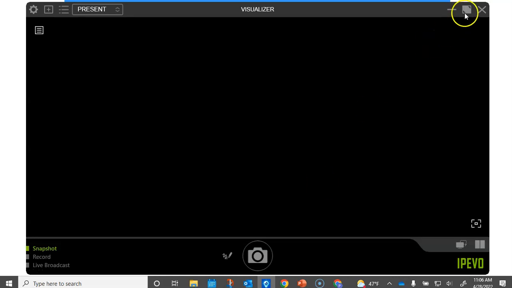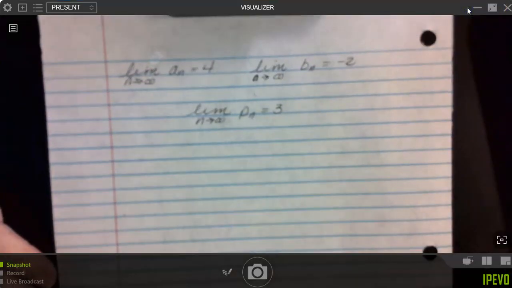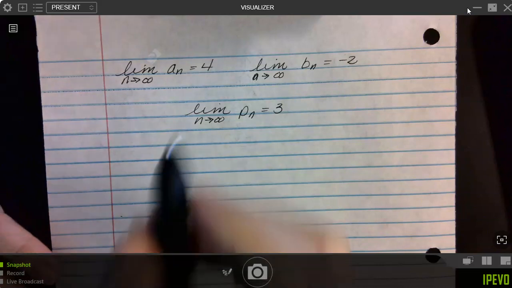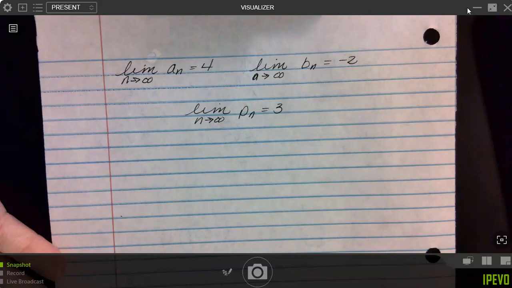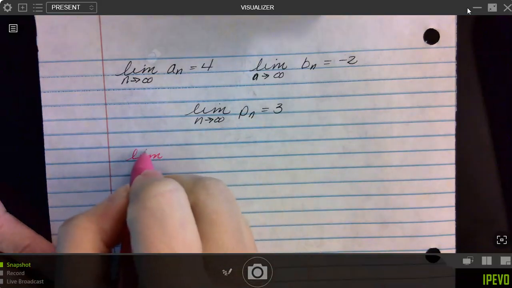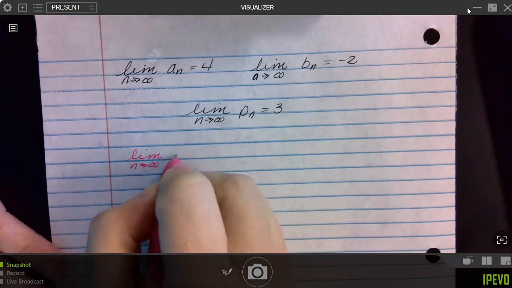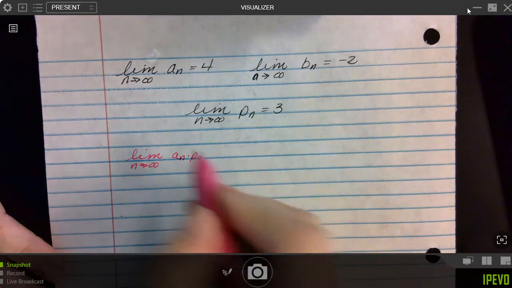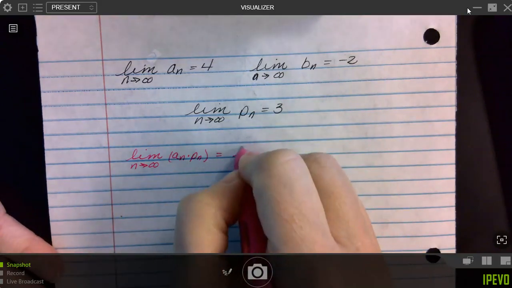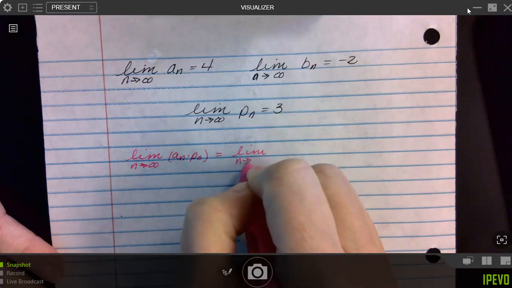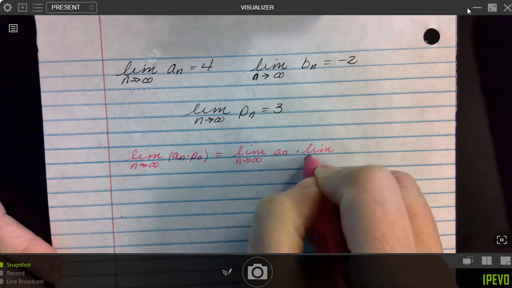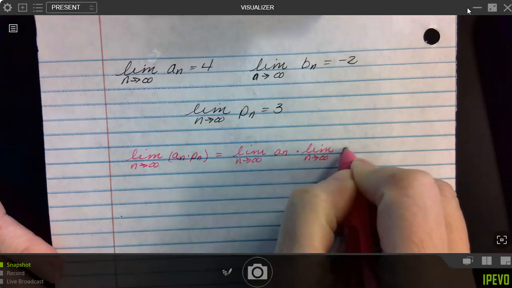If I were to tell you that the limit of a sub n is 4, the limit of b sub n is negative 2, and the limit of p sub n is 3, and then I ask you to find the limit as n approaches infinity of a sub n times p sub n, well, our properties tell us that we can do that simply by writing the limit as n approaches infinity of a sub n times the limit as n approaches infinity of p sub n.